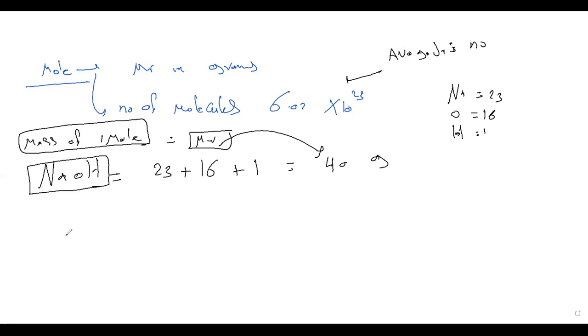Okay, if for example I say calculate the molar mass of Na2CO3, knowing that Na equals 23, C equals 12, O equals 16. Who can answer?